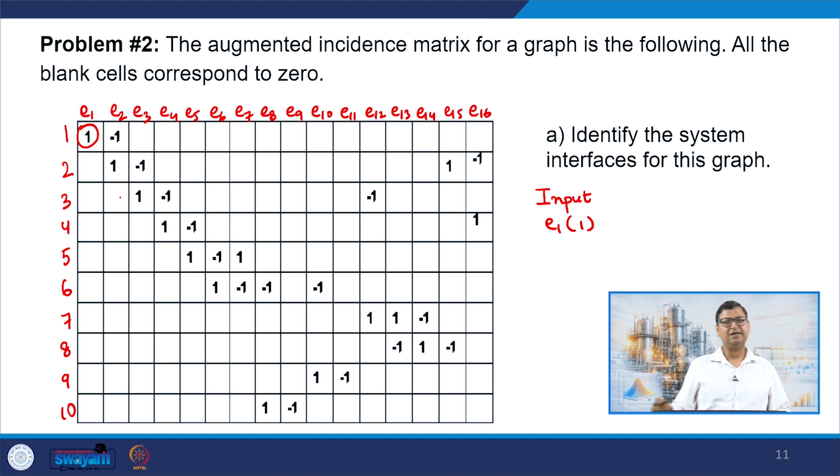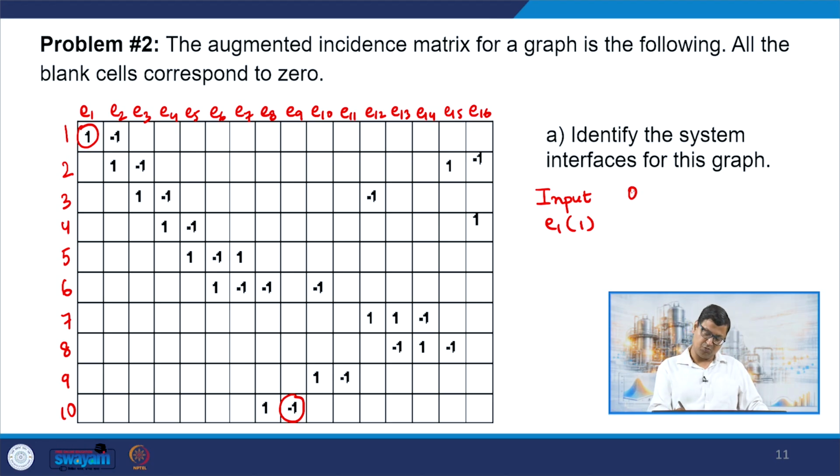Then E2 has two entries, -1 and 1. It is outgoing at 1 and incoming at 2. So, it is not an interface, it is an internal edge. E3 is also internal, E4 is internal, E5 is internal. Wherever we have two entries -1 and 1, they are internal edges. And then E9 has only -1 here, which is outgoing from 10.